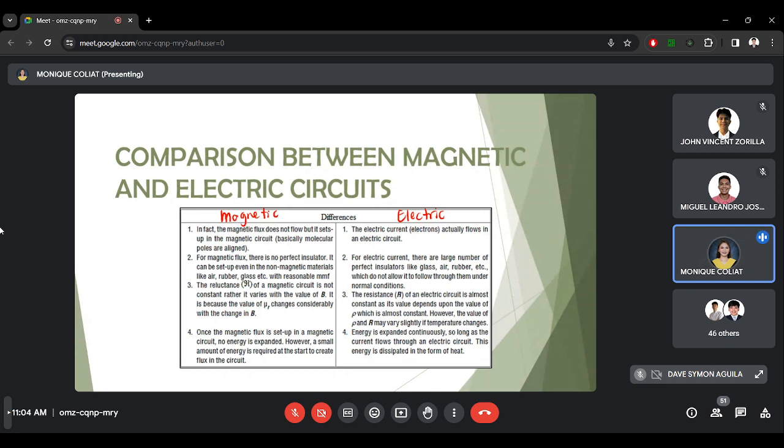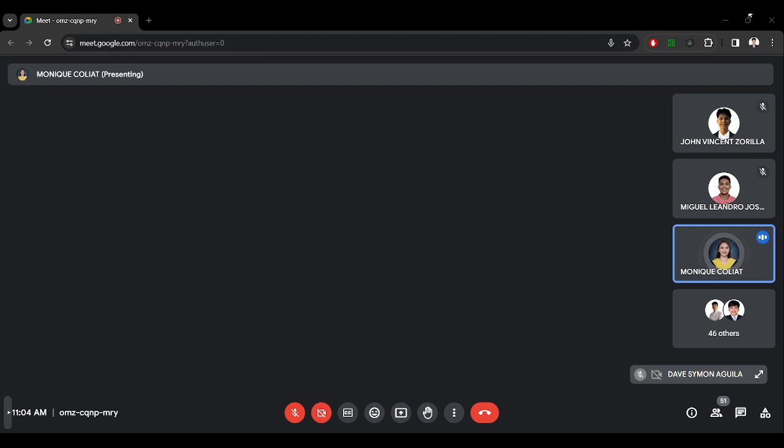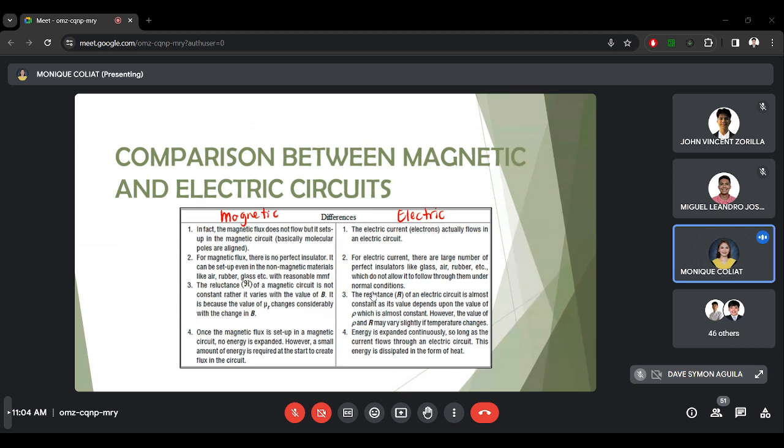That means in an electric circuit, there are so many perfect insulators na hindi talaga magfo-flow yung current outside that insulator. In magnetic flux, there is no perfect insulator because even though there's an insulator, there is still magnetic field outside it. Kumbaga, hindi maiiwasan na meron pa rin na magnetic field outside ni insulator.